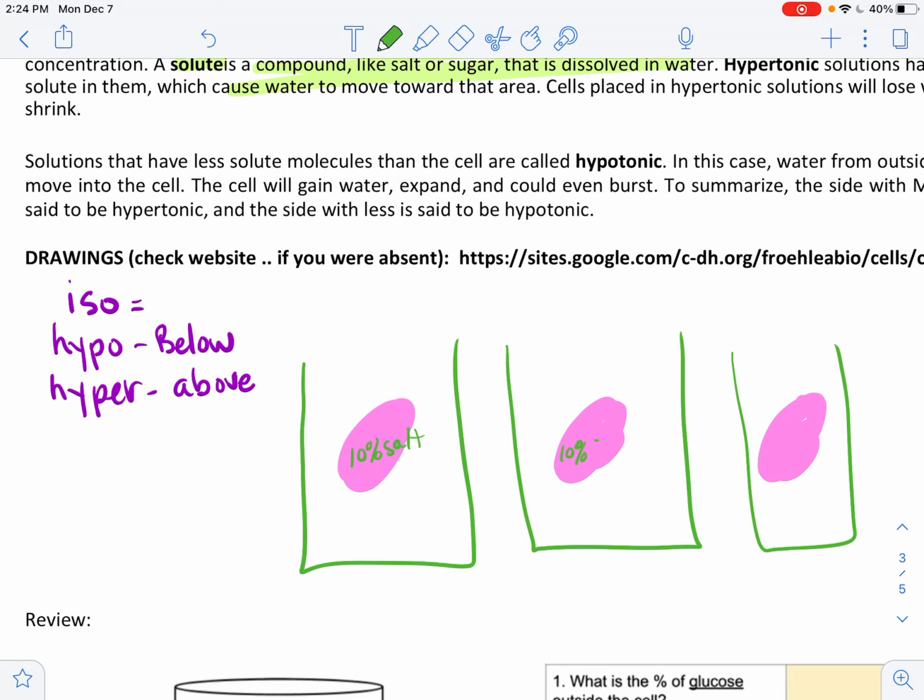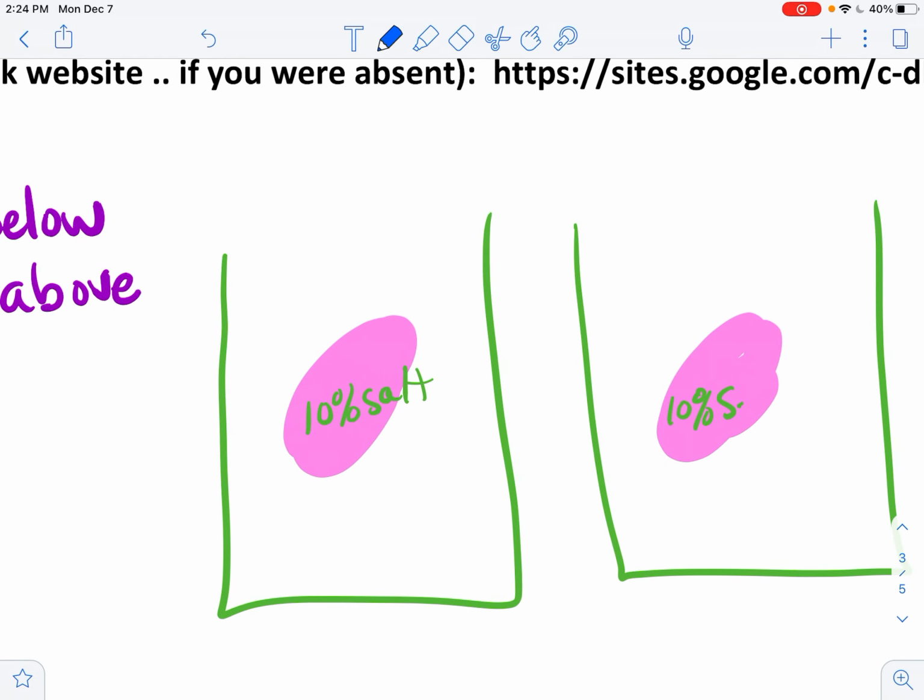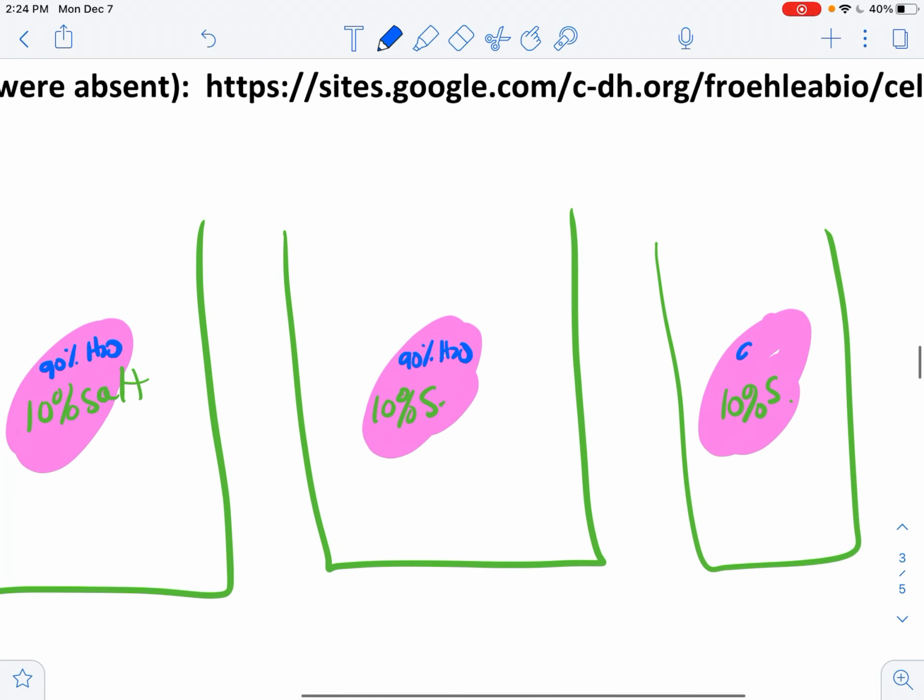I'm going to put 10% S. That means, now go with me here, that the percentage of water, even though it doesn't always work out this way, we're going to say that this is 90% water. I drew it blue so that you'd know it was water. Okay, so 90% water. And then let's do 90% water here.